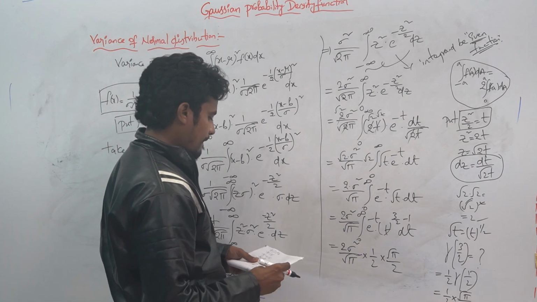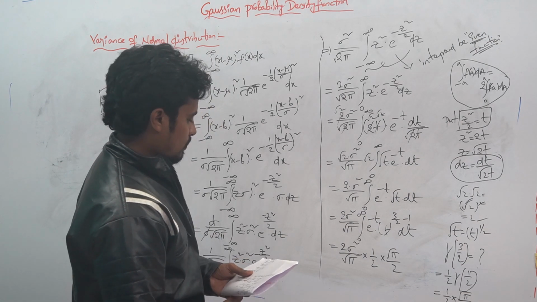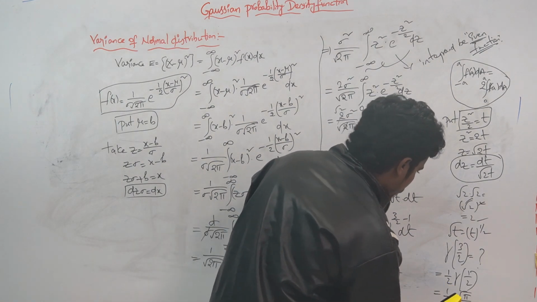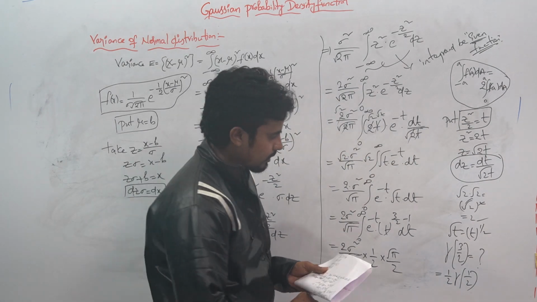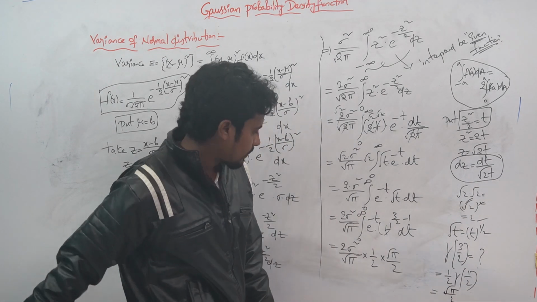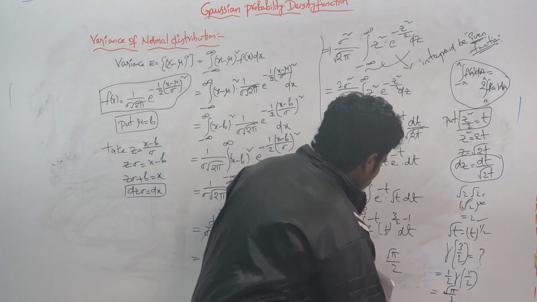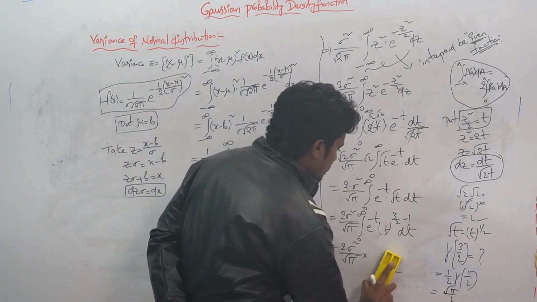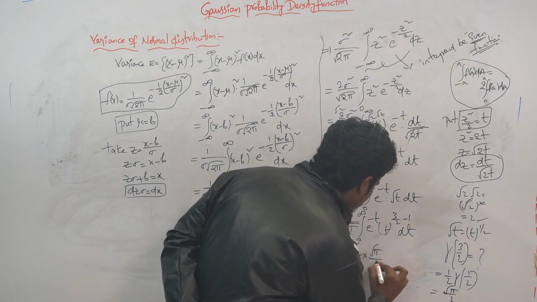So how much will you get? This will be 1 by 2 into gamma of 1 by 2, that will be equal to root pi divided by 2, and substitute here directly root pi by 2. How much will you get?